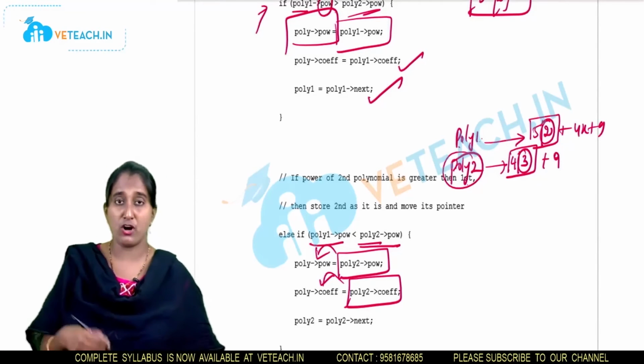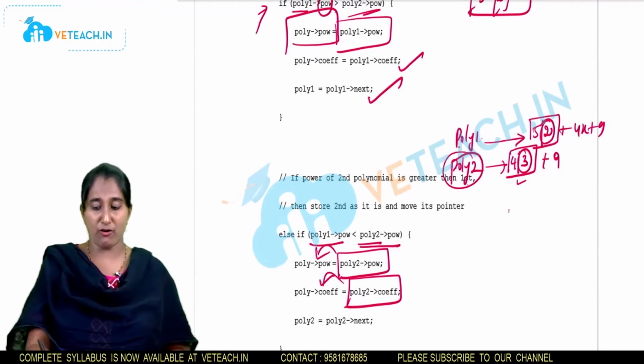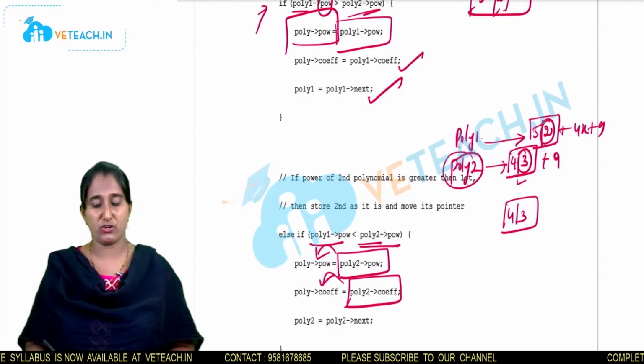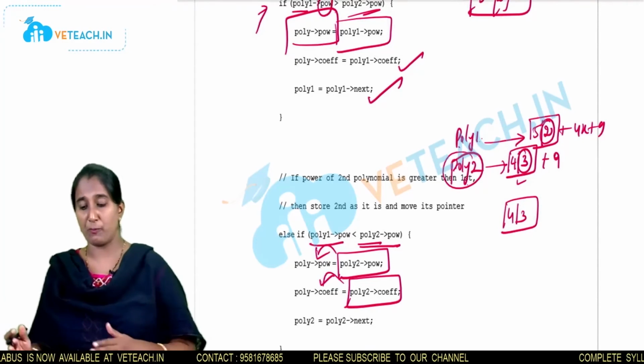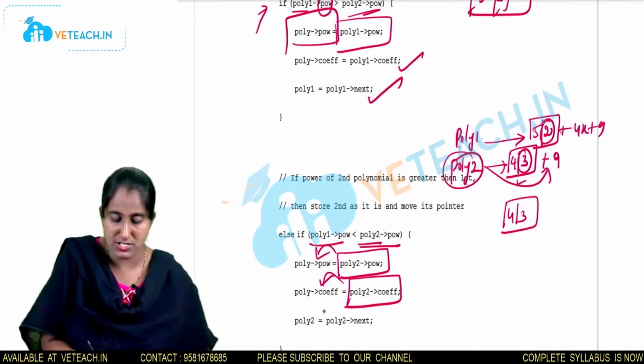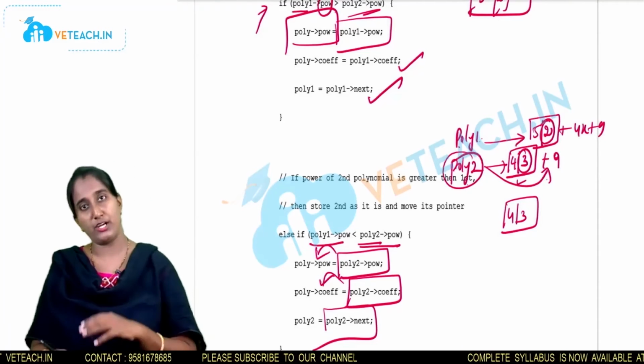And which node should point? Now this 4x cube node has been updated, so poly 2 should point to the next node. So poly 2 will point to poly 2 next.